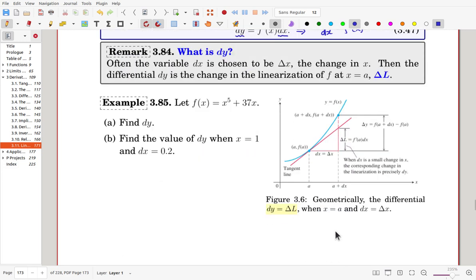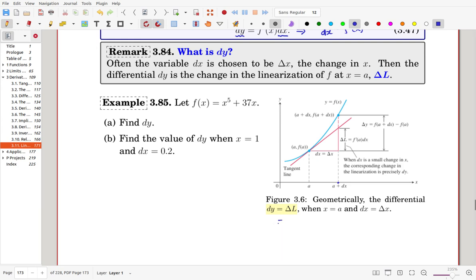Now look at this picture. a is the center point, and delta x is a change in x, so the endpoint is a plus dx. So dx is delta x, then dy is the change over there, so dy is basically the change in the linearization.